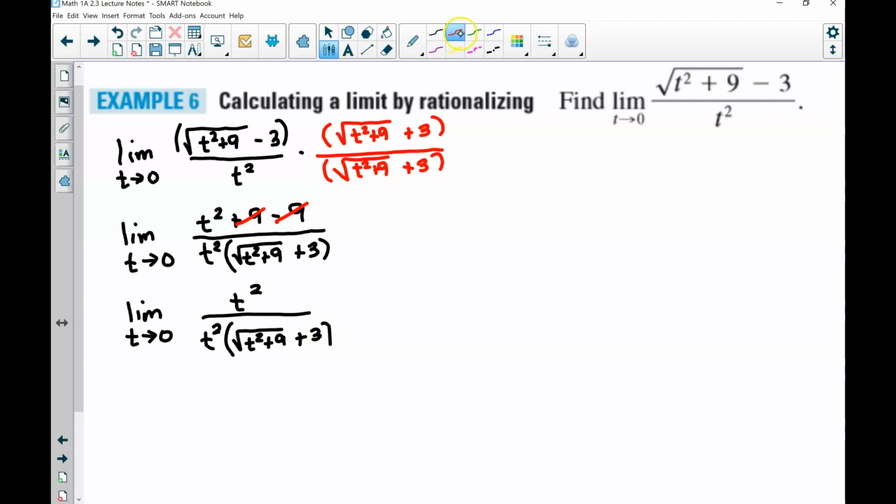From here we can simplify the t squareds and be left with 1 in the numerator. So now we have the limit as t approaches 0 of 1 over the square root of t squared plus 9, plus 3.